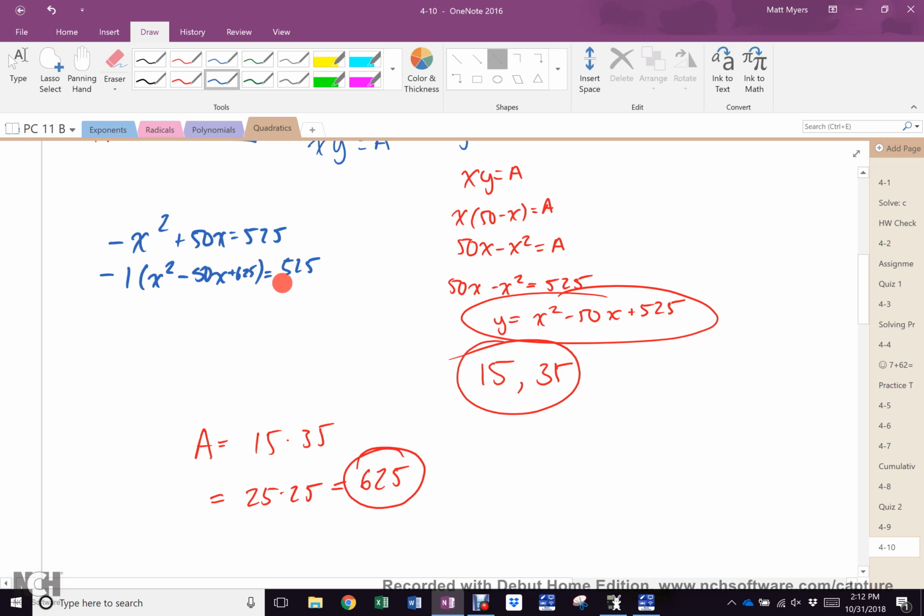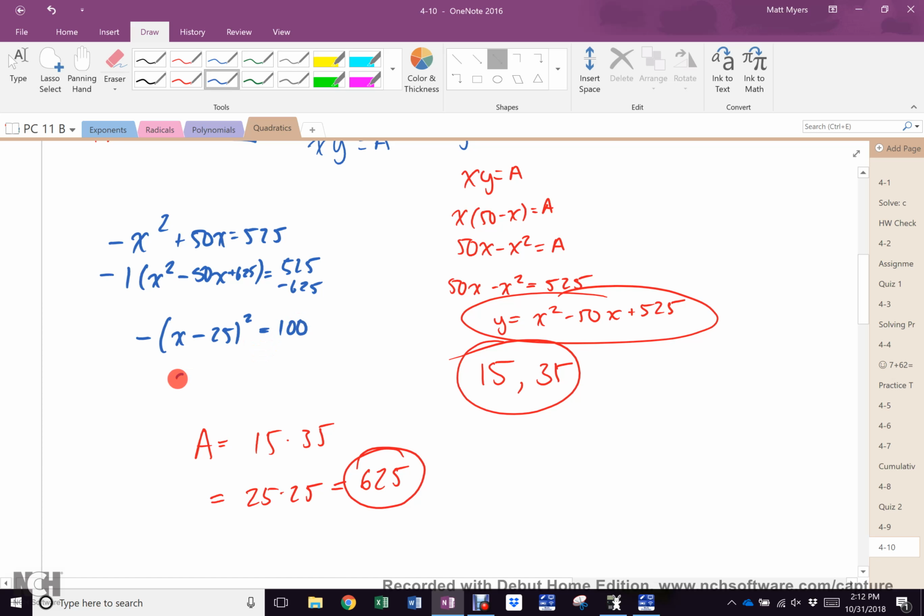Negative 625 means I'm subtracting 625 here, correct? You still with me? So now, negative x minus 25 squared equals 100. You good? Isn't that vertex form?